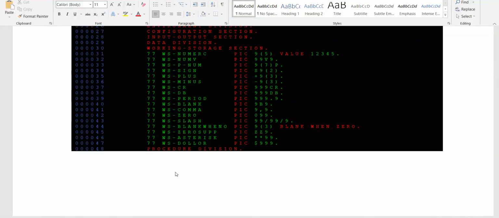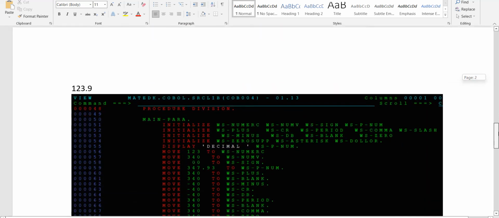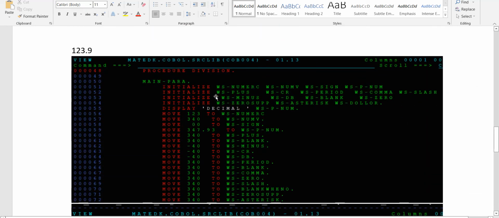So here I have mentioned BLANK WHEN ZERO 9 of 3, BLANK WHEN ZERO, and zero suppression Z9, asterisk, and I'm trying to move some values to these variables. First I initialized. In every program, if you are using some variables, first do initialize.